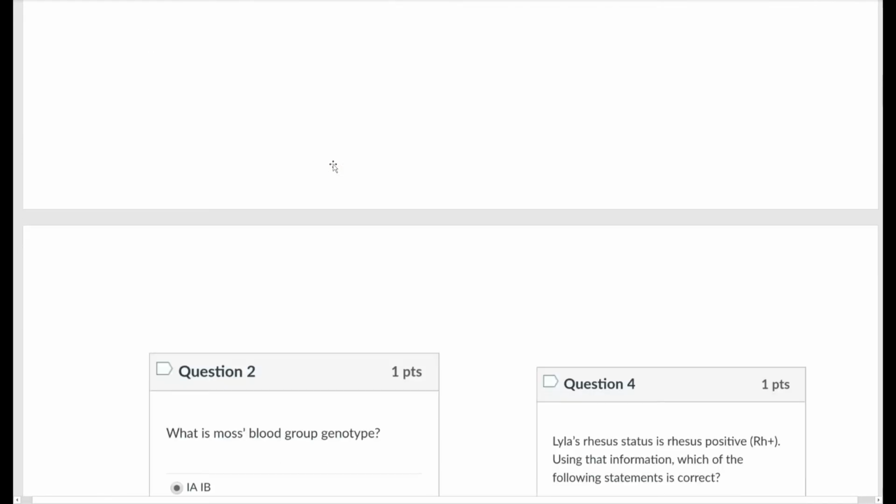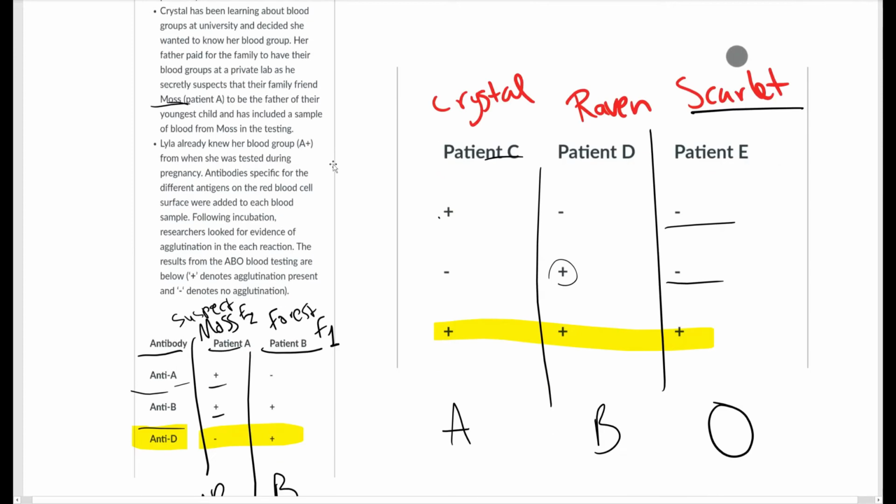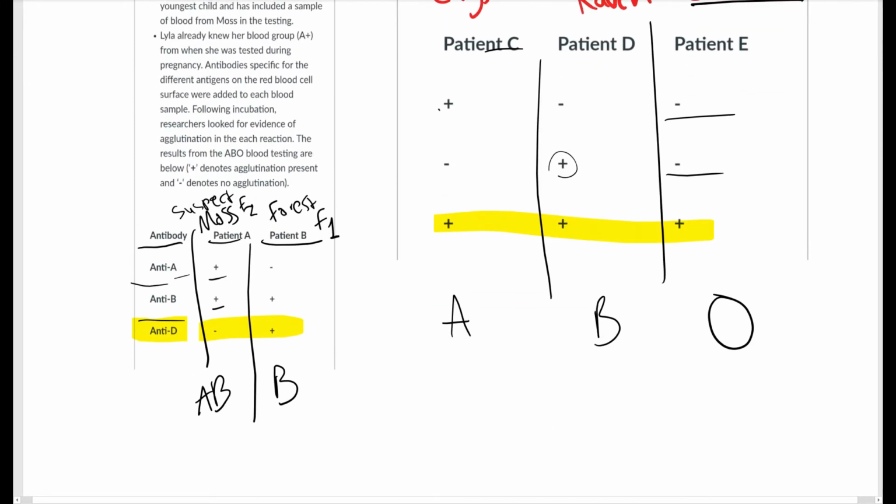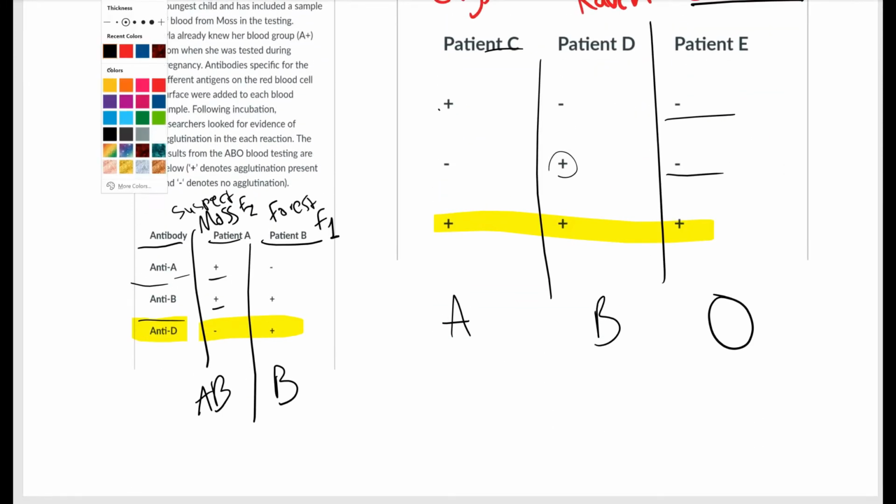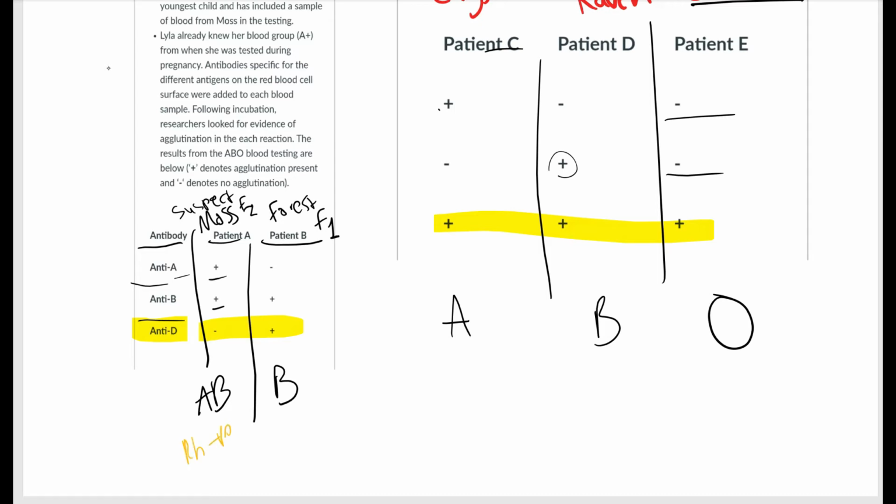So going back to the question here. We are going to now add the RH group for each. So for the first one, we said his blood group was AB and his antigen D is negative, so that means RH is negative, so minus basically.